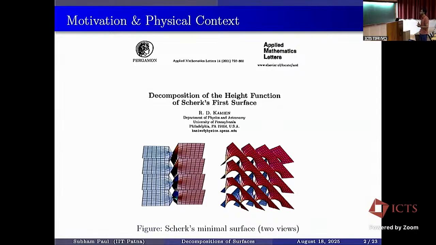If you are allowing scaling and translations, then actually it can be done for any minimal surface height function. Yes, ma'am. If you are allowing scaling and translation, the decomposed surfaces are not minimal actually, but scaled. Anyhow, we can talk about that later.